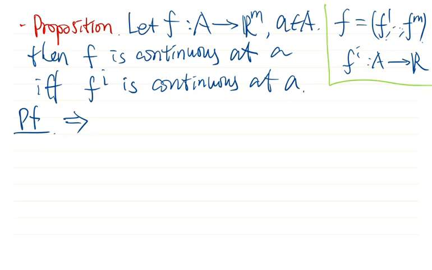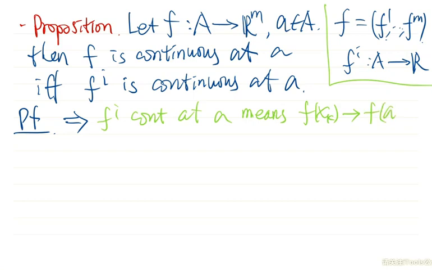What does this mean? fi continuous at a means fi(xk) converges to fi(a) if xk converges to a. Of course, xk belongs to the domain of definition A. Okay, so this is what we want to prove.